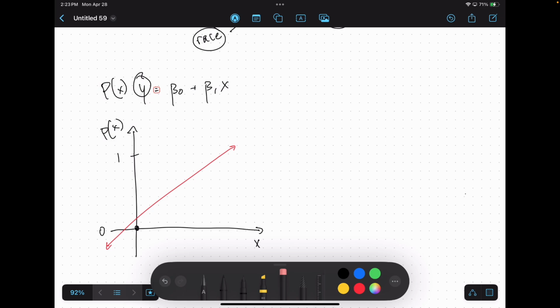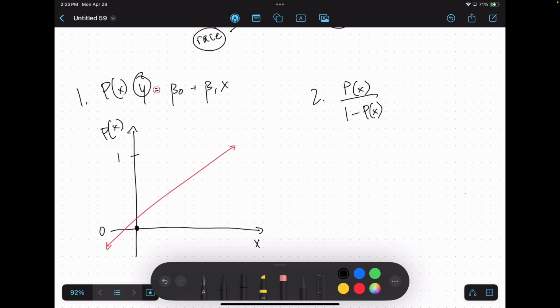And so there's a similar concept here in which I'm going to try and transform my response variable and see what happens. Okay, so if we call this 1, what about if I do something like this? P of x over 1 minus P of x.